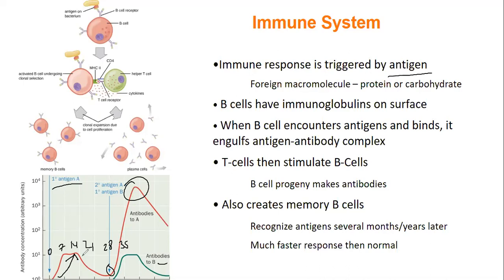Let's say the first time we got affected, we made 100 antibodies. The next time you get infected, you're making 1,000, 10,000, roughly 100,000 antibodies. So we're really good at fighting the same thing again. If we've seen it once, we create our memory B cells so we can pump out antibodies to catch this antigen.